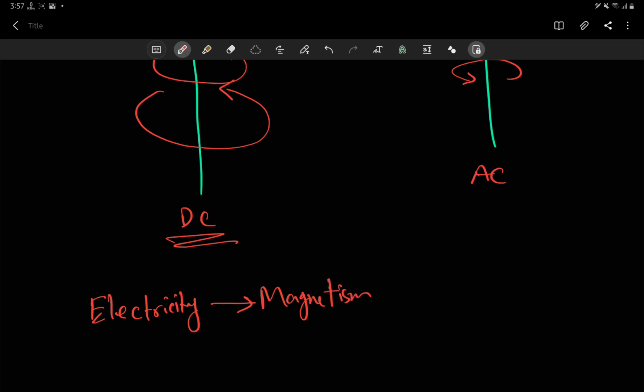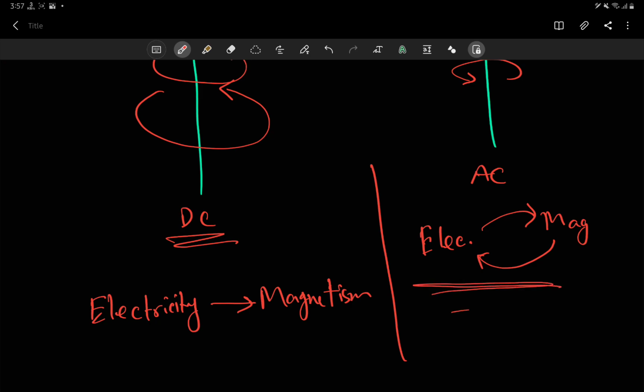Let me just write it, magnetism. But in AC, there's electricity, and that gets converted into magnetism, and it also converts back into electricity. So there's a back and forth between these two types of energy, right? And this is what a transformer uses.